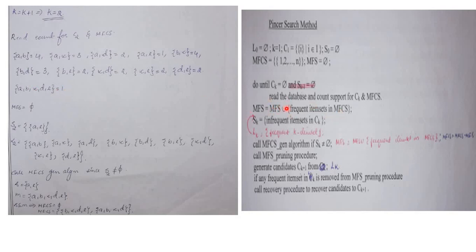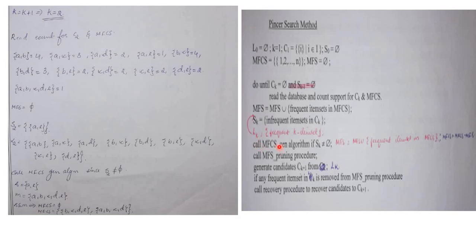My MFS was initially null, and hence MFS remains null. That is, MFS equals null union null, so MFS is null. Next I have to maintain sets S2 and L2. S2 is the infrequent item set. I see here AE is the only one without the minimum support. So S2 will be AE, and L2 will be these many item sets.